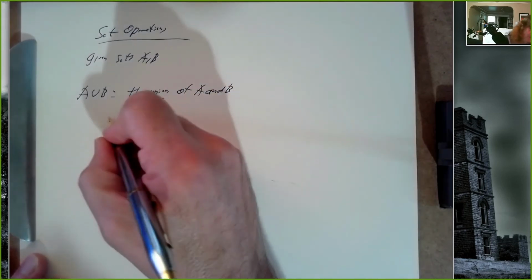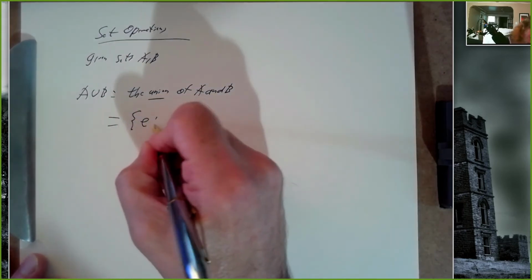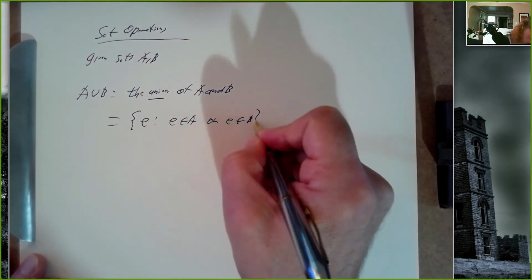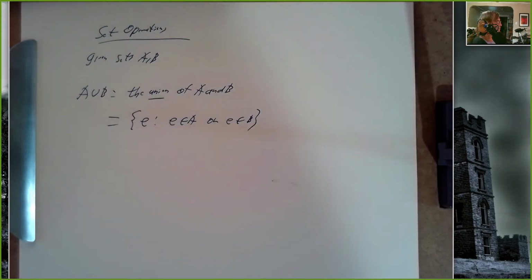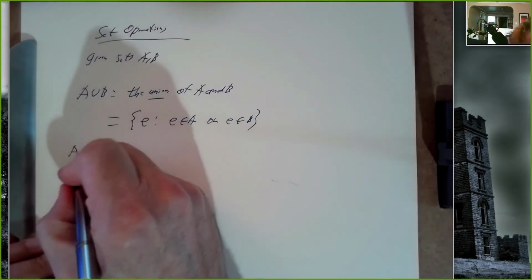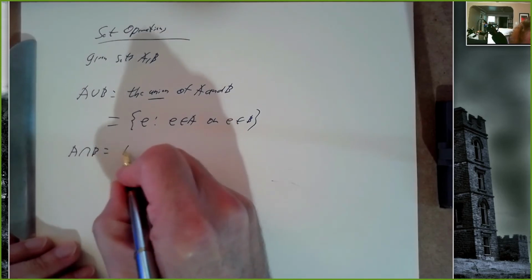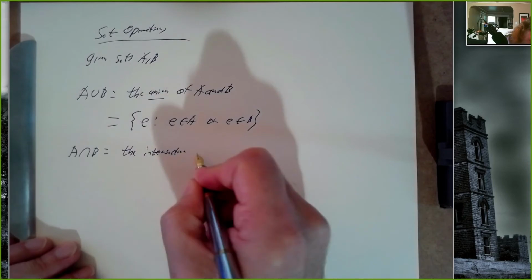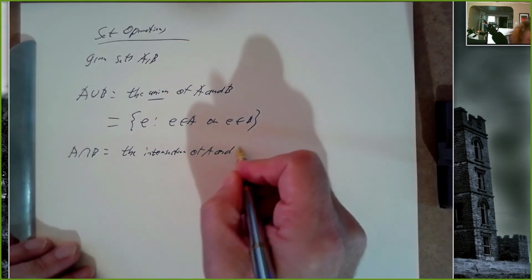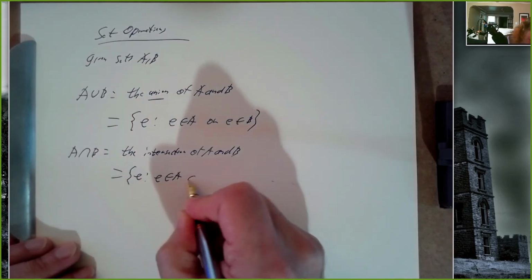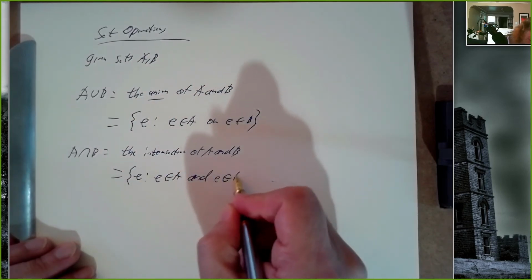So the union of A and B equals the set of all elements E such that E is in A or E is in B. We can define the intersection of A and B, and that's the set of all elements such that the element is in A and the element is also in B.